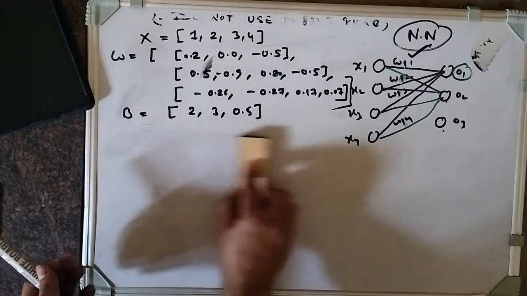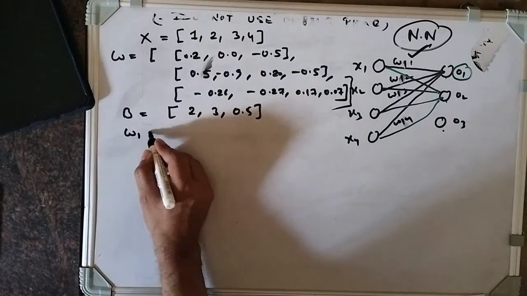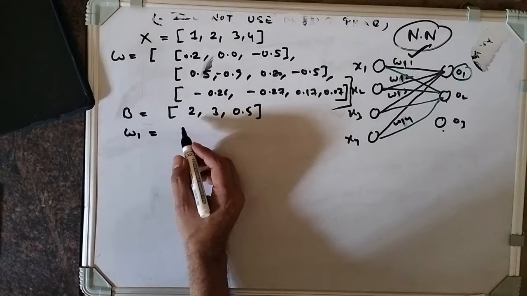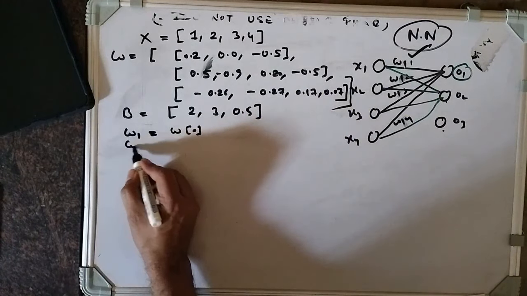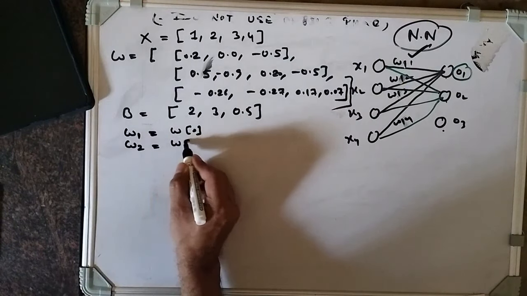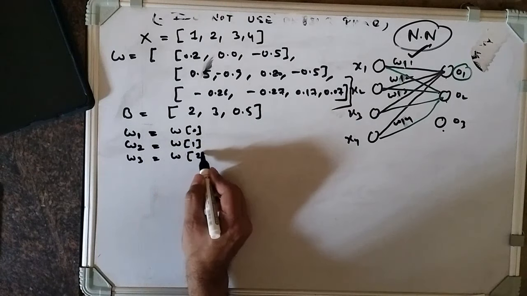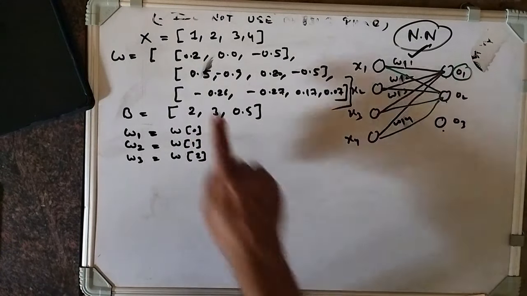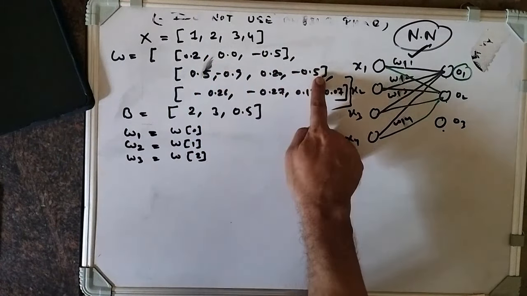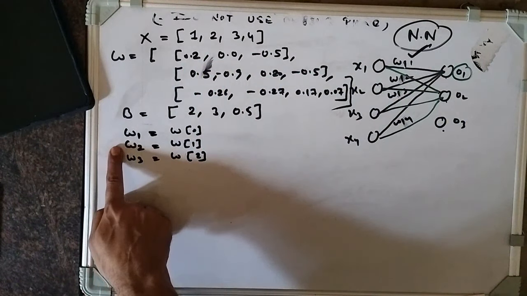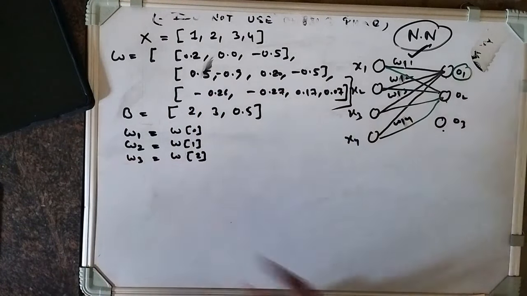Directly I cannot access this one, or I can also write, suppose w1 is equal to w0, w2 is equal to w1, w3 is equal to w2. What is the meaning of this? Means the first list I associated with w1, second list I associated with w2, third list I associated with w3.